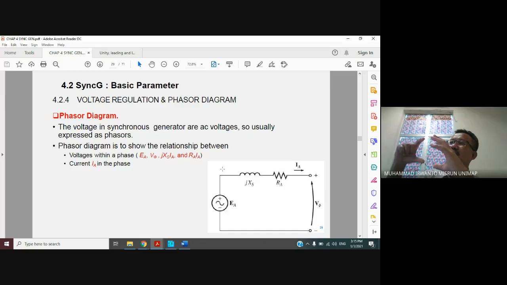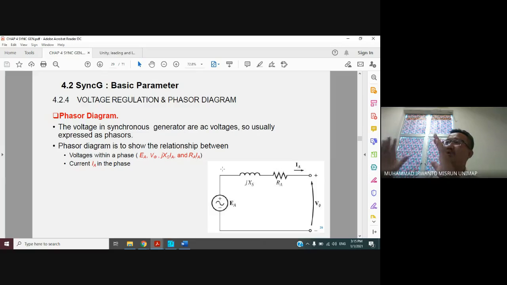In the stator, I repeat again, there is the winding, and it has the internal generated voltage, EA, current flowing through the reactance and also resistance, meaning it has the voltage drop across resistance and reactance. And last, the terminal voltage of the synchronous generator.